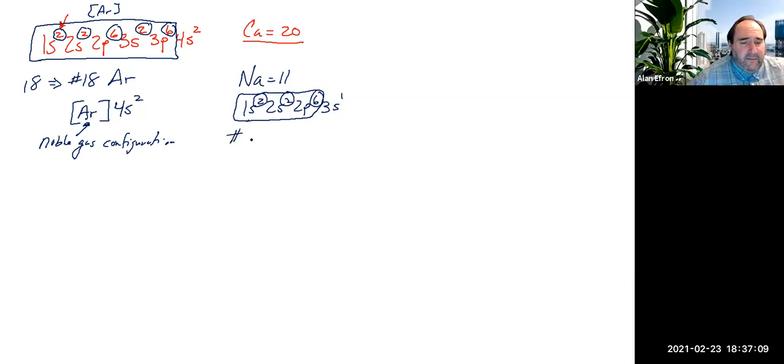Number 10 on the periodic table is a noble gas. That is neon. And we could shorthand it by writing neon 3s1 for the configuration. Any questions on how to do the noble gas configuration? Again, it does need to be the noble gas that comes right before the element you're writing the electron configuration for. Any questions on that?